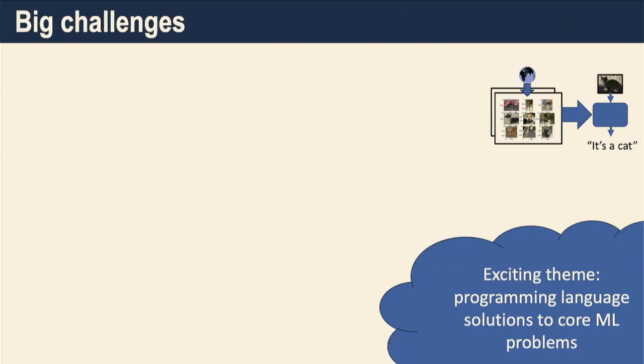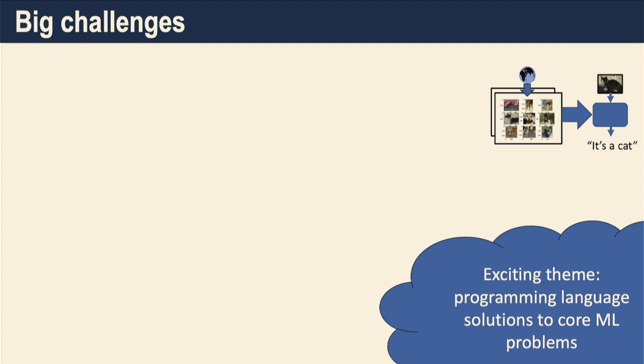I don't know what happened to my slides, but an exciting theme I wanted to point out here, and this is something I think each of the 4 talks in this session is going to explore, is how do programming language solutions connect to, apply to, and solve interesting core machine learning problems?